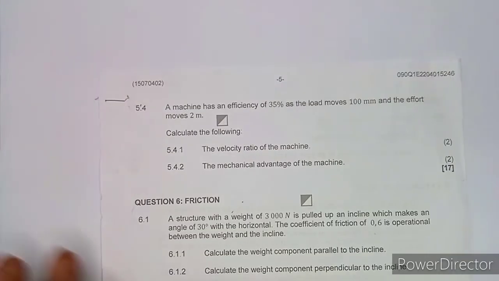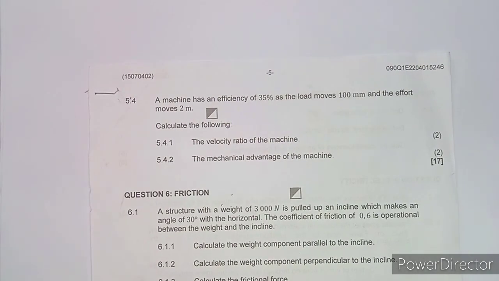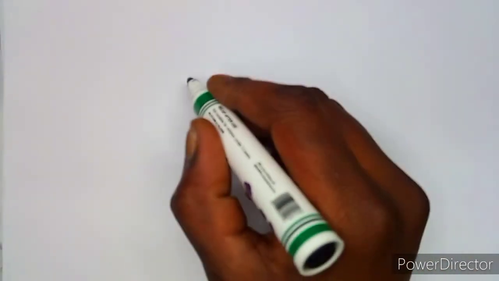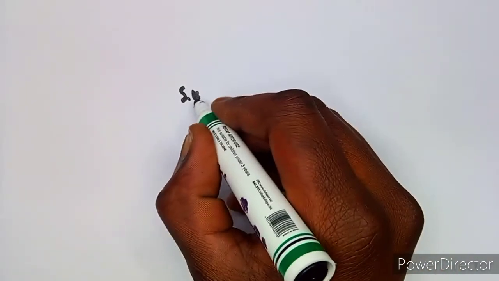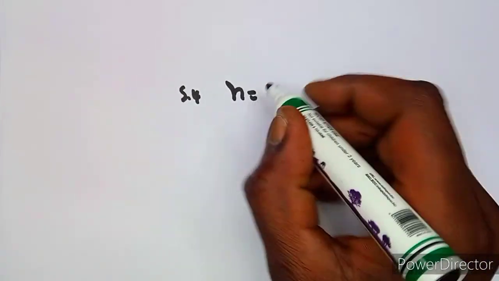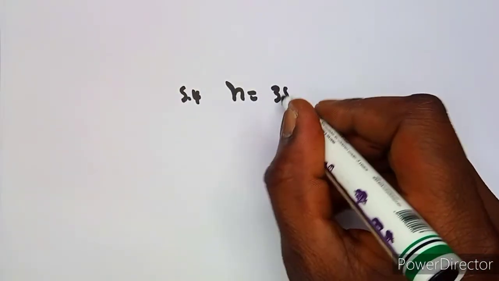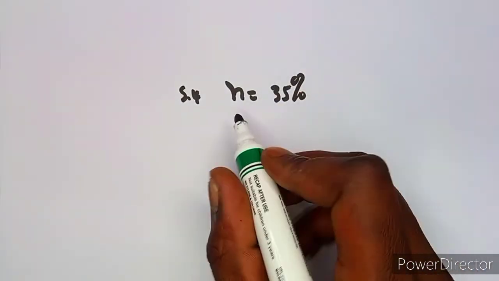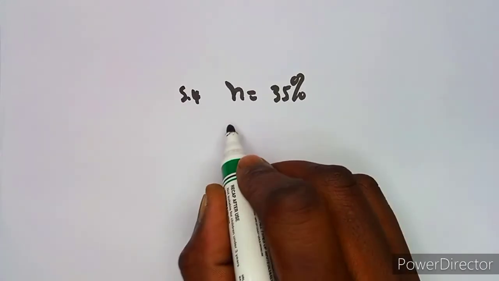All right, on 5.4 we are given a machine that has an efficiency of 35% as the load moves 100 millimeters and the effort moves 2 meters. Remember, guys, we have an efficiency of 35%, and the load is moving, that is the distance of the load.